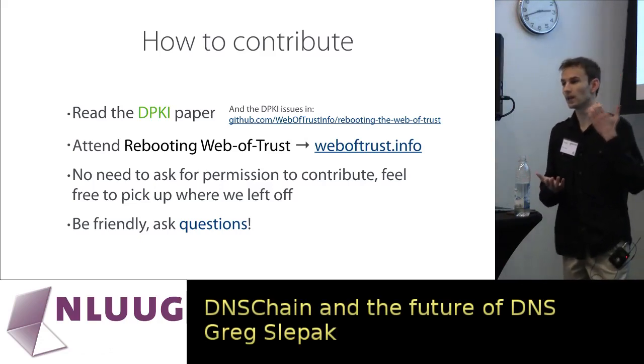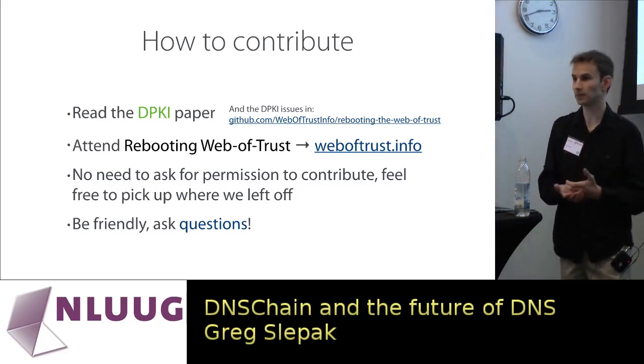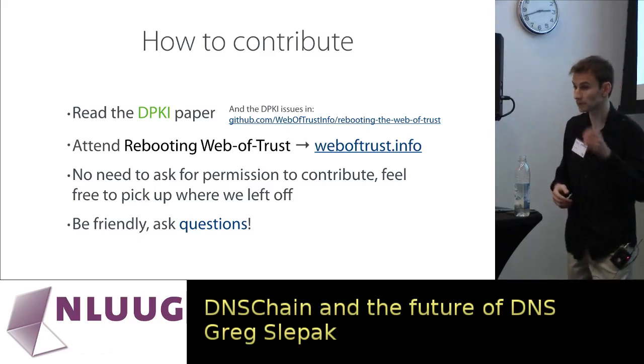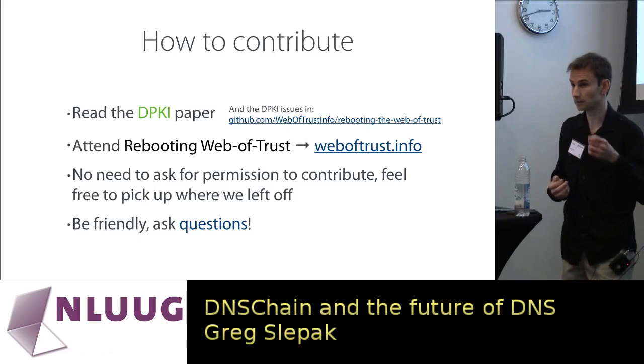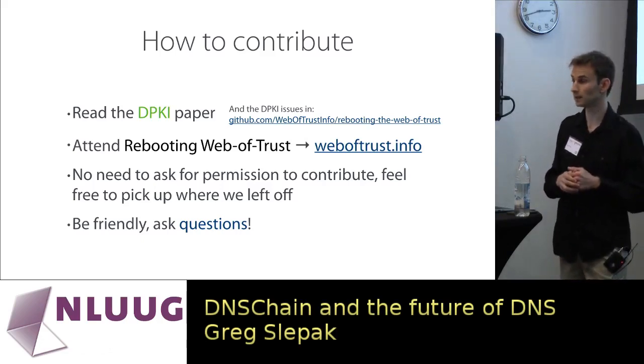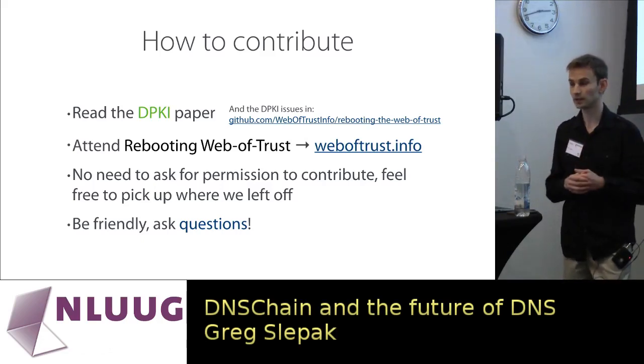So there is a lot of opportunity here to compete with these companies if they decide not to do this on their own. And as I mentioned, Microsoft is one of those companies, a big company, and they are exploring this. Microsoft is attending the Rebooting Web of Trust workshops, and they are exploring blockchain technologies.